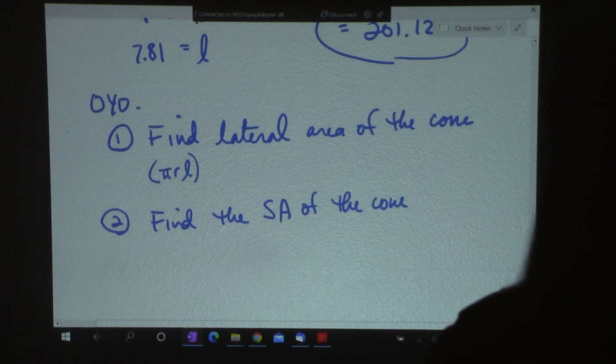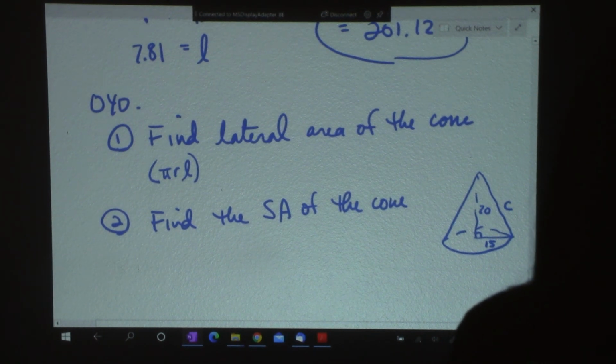So we want to make sure we're doing that right. And here's our cone. And this is 20, this is C, and this is 15. Okay? And then that's number 1 and 2.